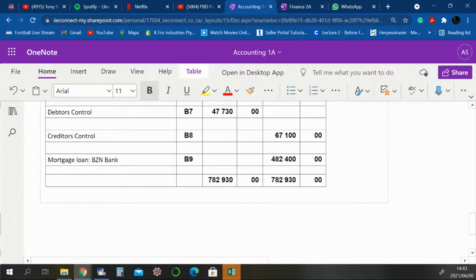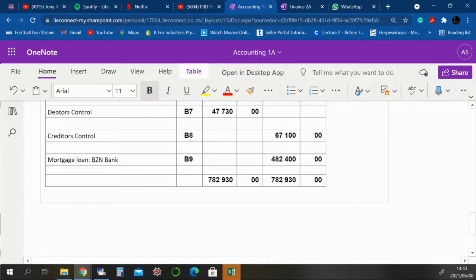Then the next one, they're saying open all the nominal accounts in the general ledger. Now can you see? They're asking you to do it in the general ledger, with the respective totals as per the above trial balance. Open a trading account, a profit and loss account, and show all the closing transfers.